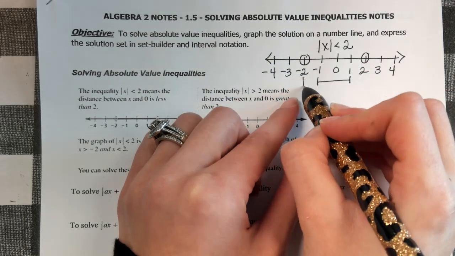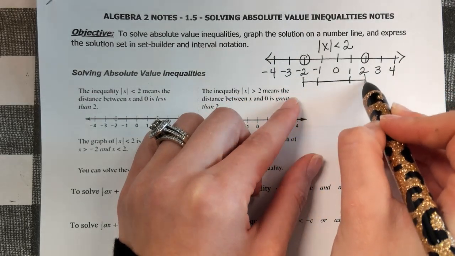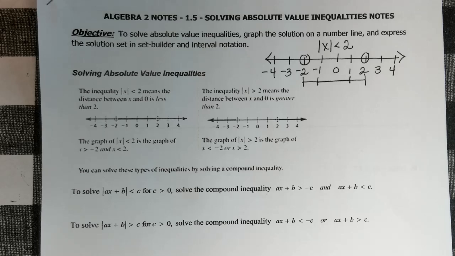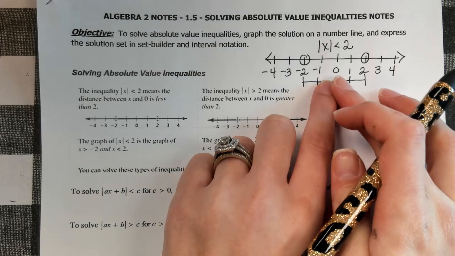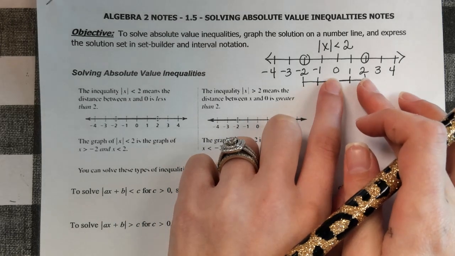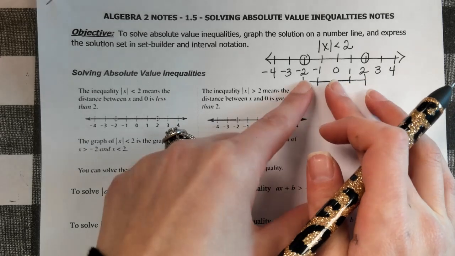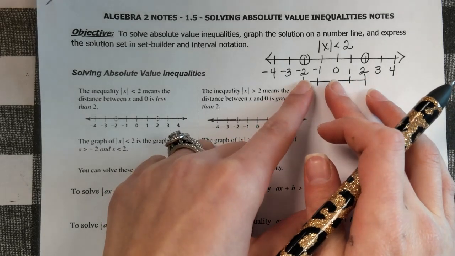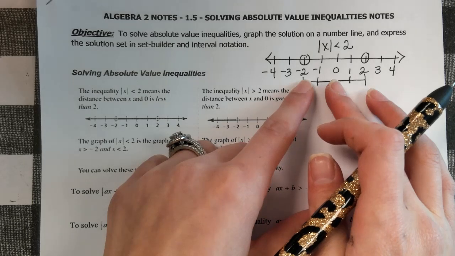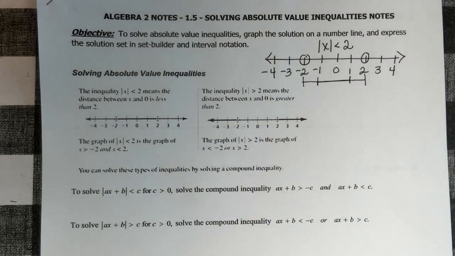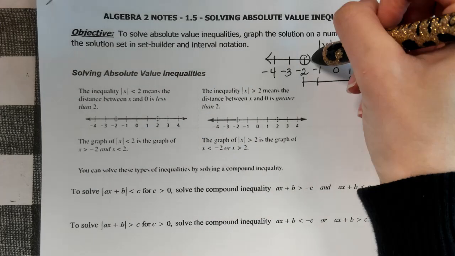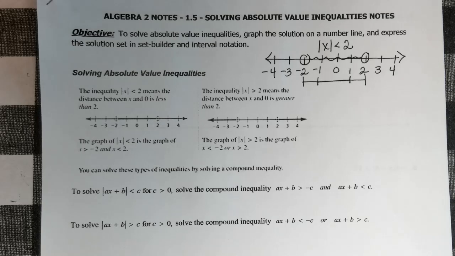So it could go all the way up to -2 and +2, because going from 0 up to 2 is less than 2 units, and going from 0 down to -2 is still less than 2 units. Those are the span of numbers for my distance to be less than 2. What does that look like? An and compound inequality.